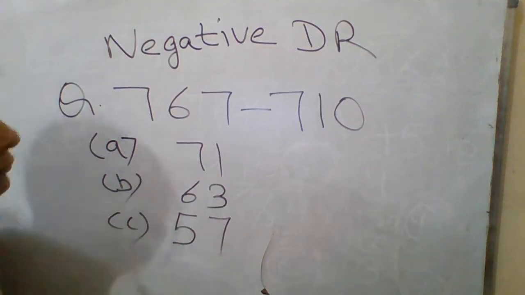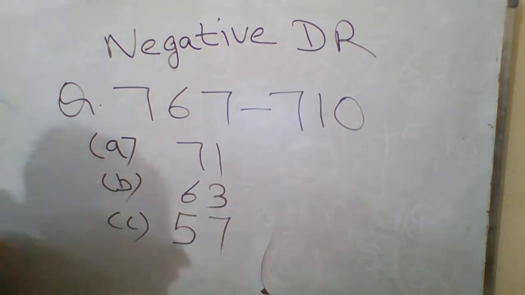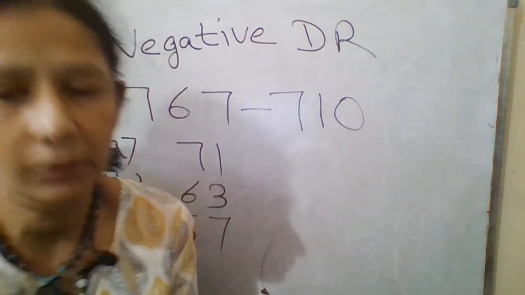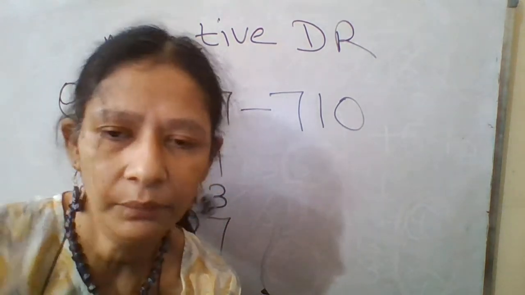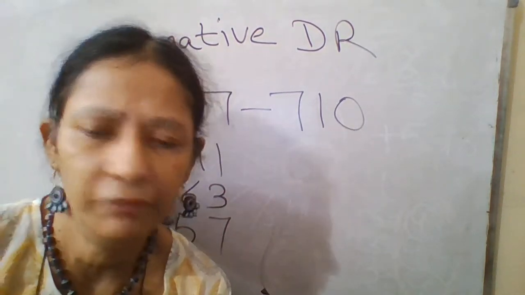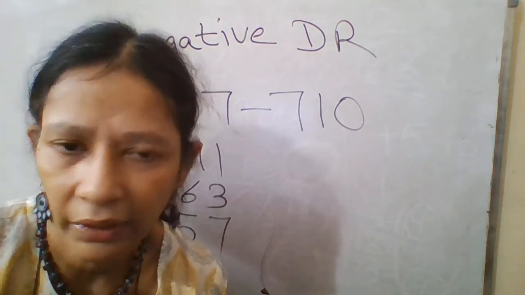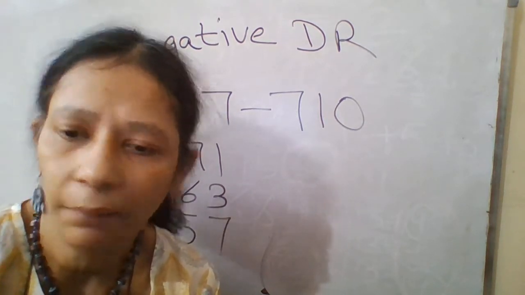Now see what I have written here, negative DR. You can see this is a subtraction question. When you are doing subtraction questions, sometimes you may get a positive DR. You know from the earlier questions how to find a positive DR, so you will not face any problem when you get it.